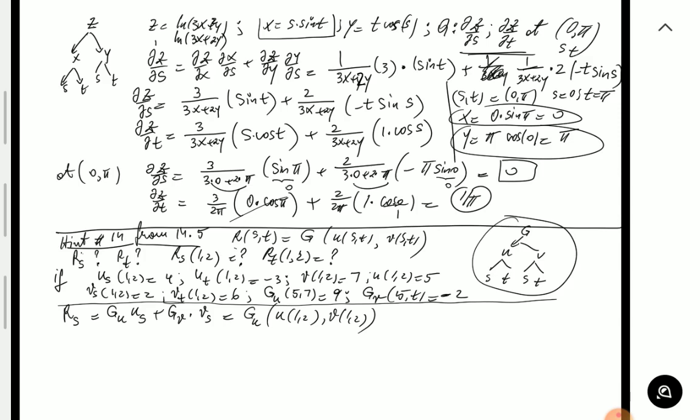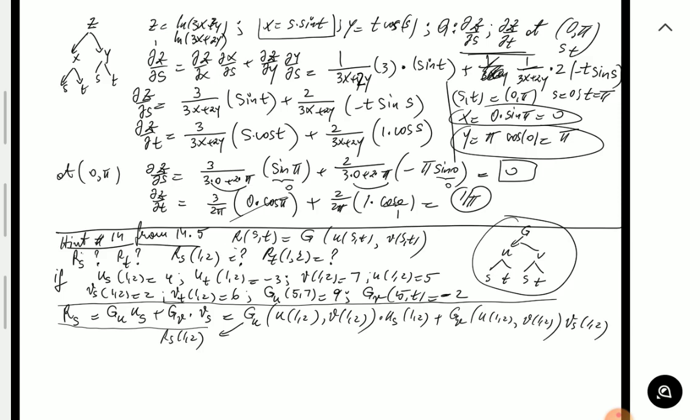So you differentiate first, and then you plug in the point. What you have here is r_s at the point 1, 2: that's G_u at u, v, which in turn are evaluated at 1, 2, times u_s at the point 1, 2, plus the other branch, G partial v at u and v, each evaluated at 1, 2, times v partial s, again evaluated at 1, 2.